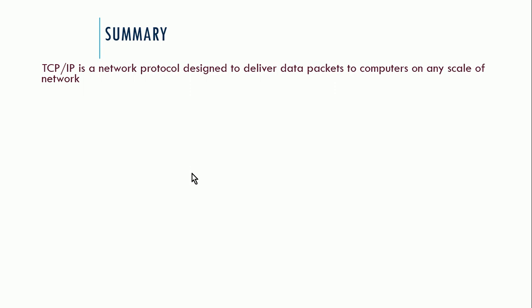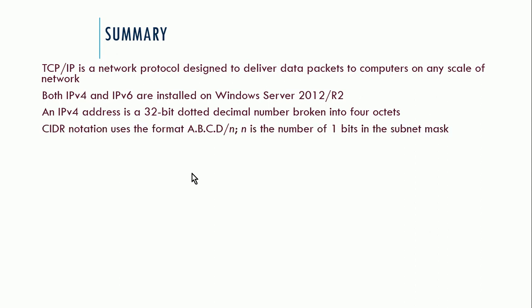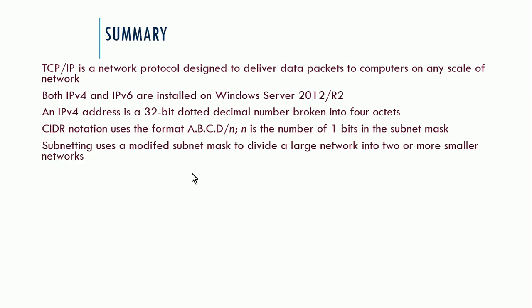So in this unit, I talked about TCP/IP. That's a network protocol that's used to deliver data packets on a computer network. And remember, at the TCP level, those are segments, not packets. We talked about IPv4 and IPv6 and how they're both supported in Windows 2012 and 2016. We talked about how an IPv4 address is formatted and a little bit about the different classes and classless interdomain routing.